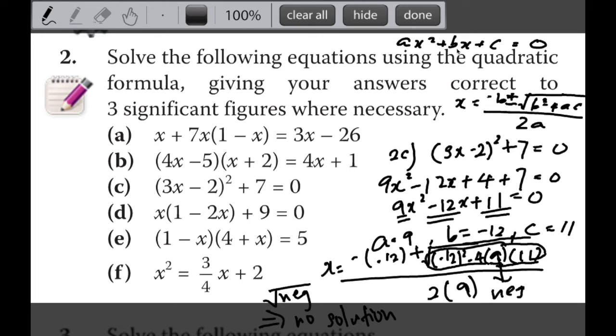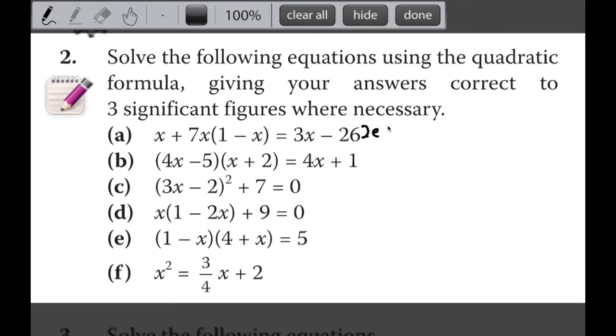Even if you were to try the other one, negative b minus, x equals negative b minus square root of b squared minus 4ac, over 2a, you will also get a math error because the number in the square root cannot be negative. Once it's negative, there is no solution. It doesn't mean that there's no answer, but it just means that there's no solution for x. So you do need to specify here, no solution.